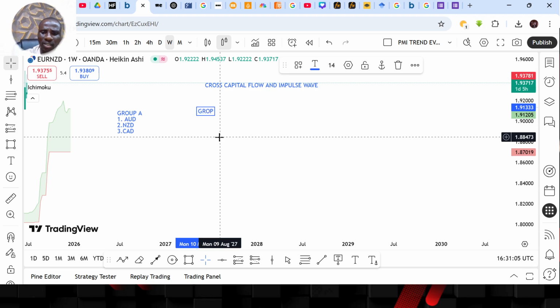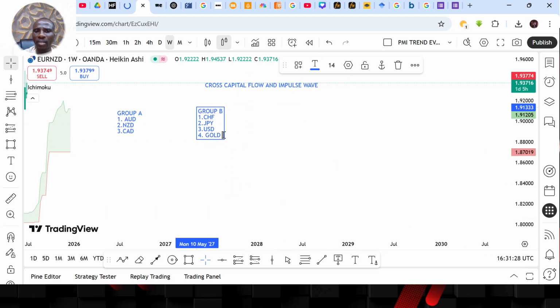Group B of this currency grouping are what we call the low yield safe haven currencies, and it includes the Swiss franc, the Japanese yen JPY, of course the US dollar, and in that video I put gold, although gold is a commodity, and it's very important that you understand that this is a safe haven as well.